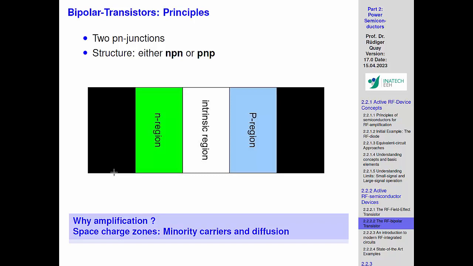So if we now double this structure, why on earth should there be a current flow apart from a leakage? Yeah? There's no way you can send any reasonable current through that structure if you have NPN or PNP, because they're just opposite diodes. And if they are done well, there's no current flow at all.